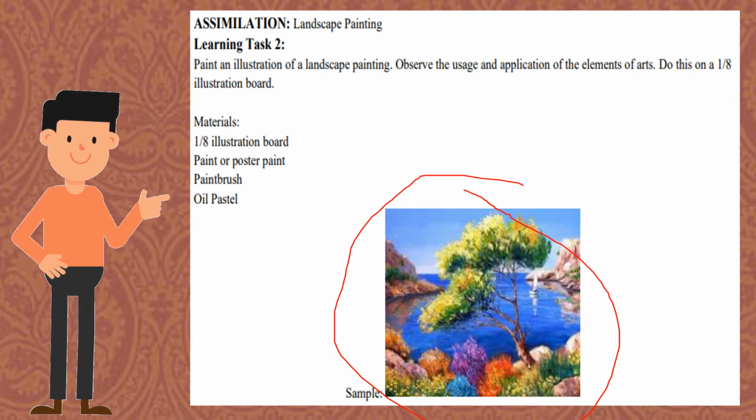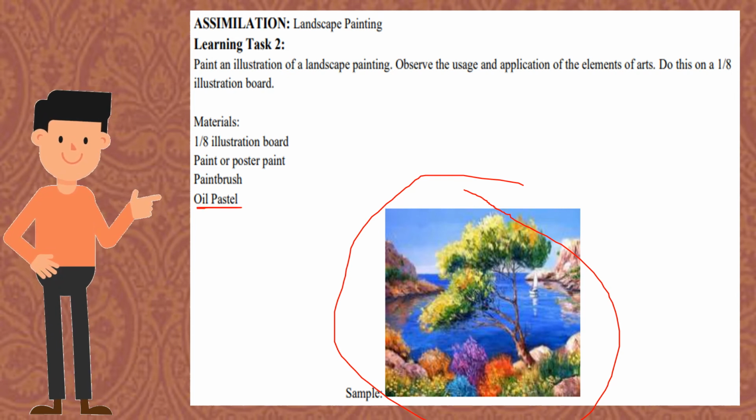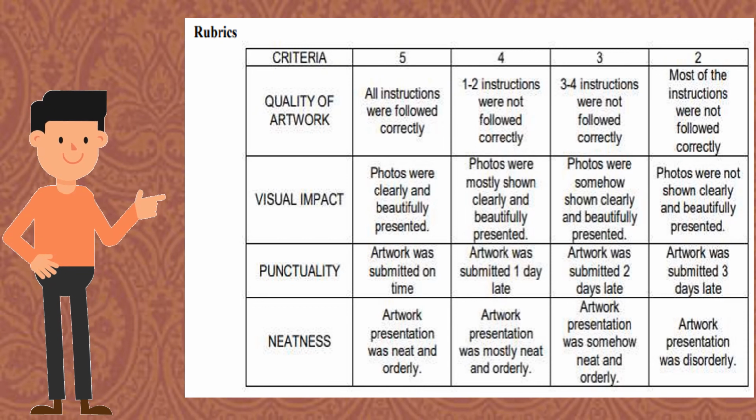Our materials are illustration board, paint or poster paint, paintbrush, or oil pastel. If paint or poster paint is not available, you can utilize oil pastel and crayons in creating your landscape. For our rubrics, we have the quality of artwork, visual impact, punctuality, and the neatness of your work.